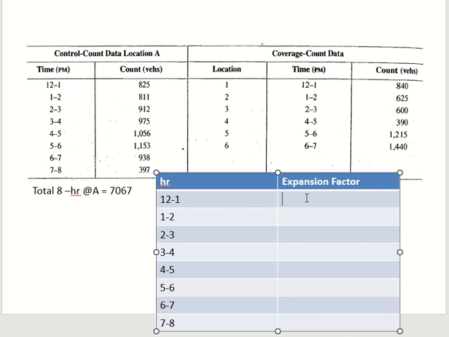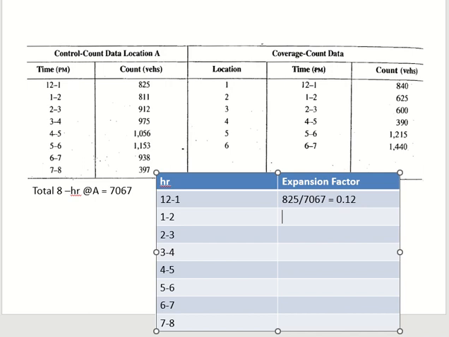Now keep one thing in mind which we will use later on as well: all factors are calculated using the control location. Whenever we are talking about a factor in a limited network study, it will be calculated from the control count data. So the 12 to 1 control count data is 825, the total is 7067, so it will be 0.12. 0.12 is my expansion factor.